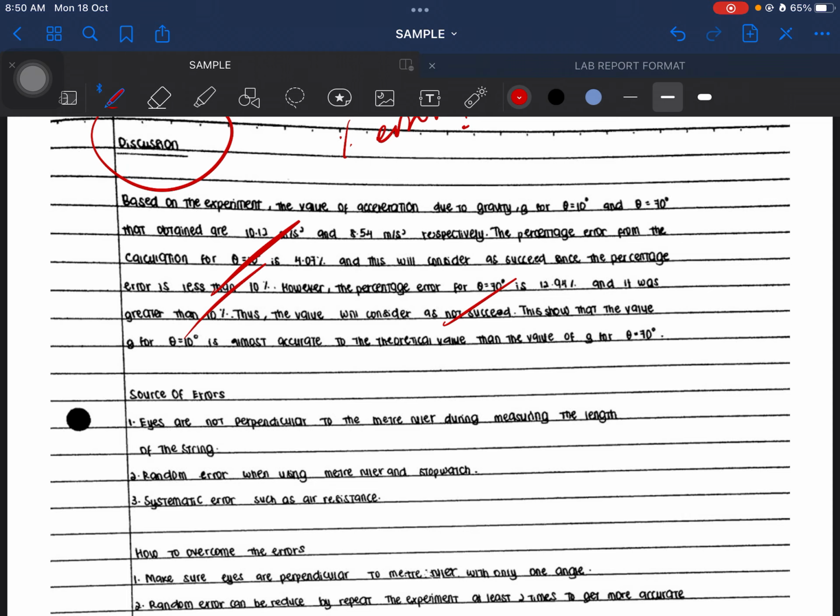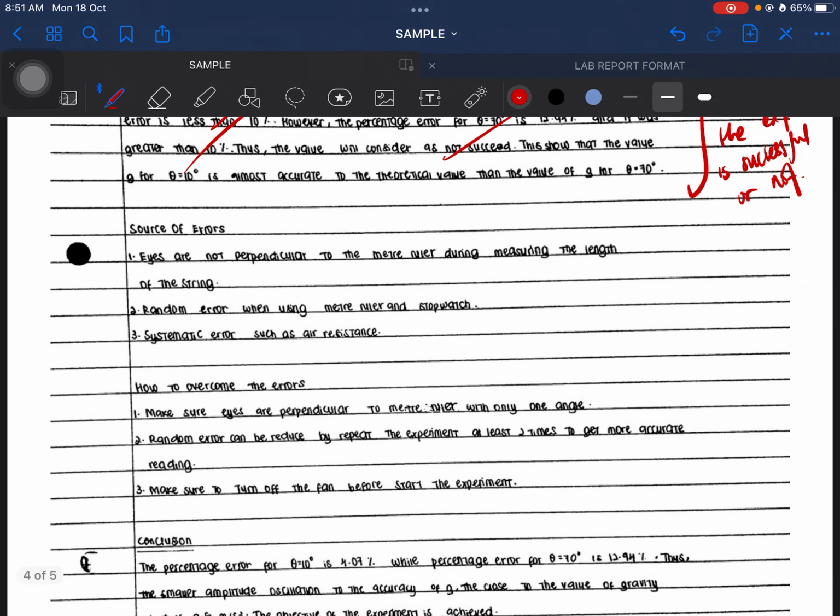That is the part where you comment. Then we have to write one precaution step, 2 sources of errors, and 2 suggestions to overcome the errors stated.